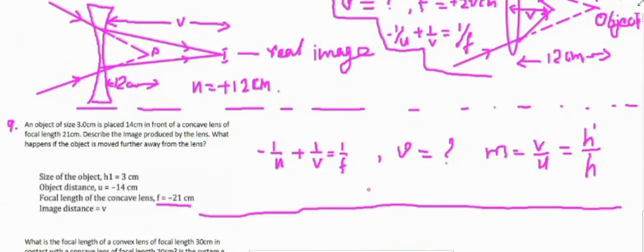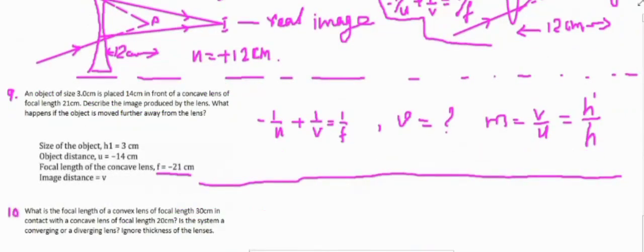Now next, question 10. What is the focal length of a convex lens of focal length 30 centimeter in contact with a concave lens of focal length 20 centimeter? Is the system converging or diverging?